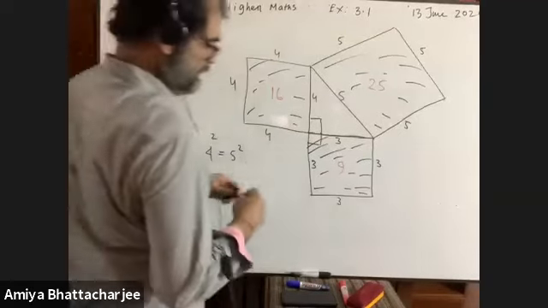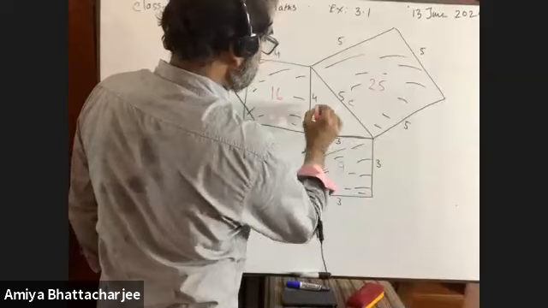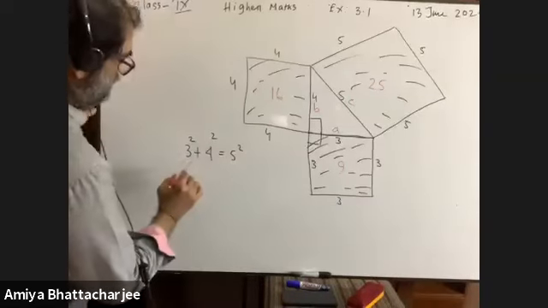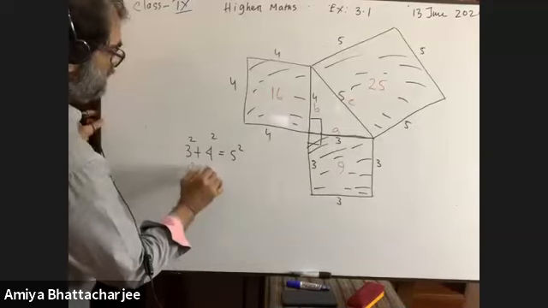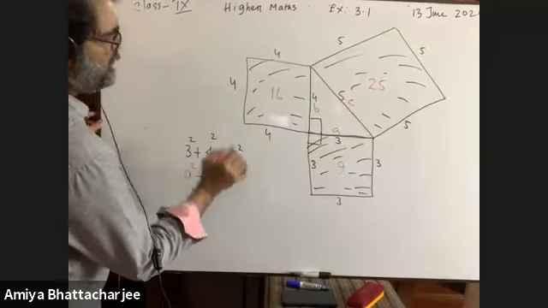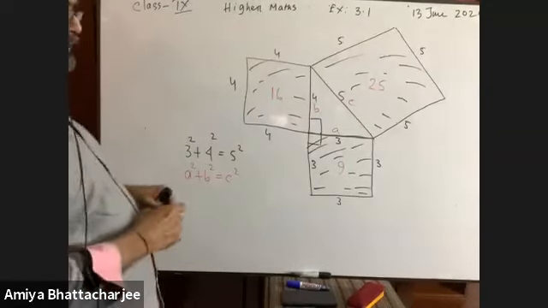Suppose it is C, it is A, it is B, then we can write down A square plus B square is equal to C square. Is it okay?